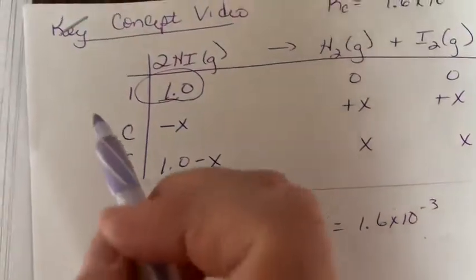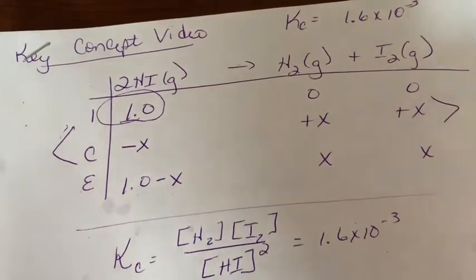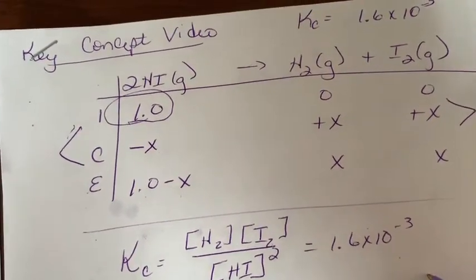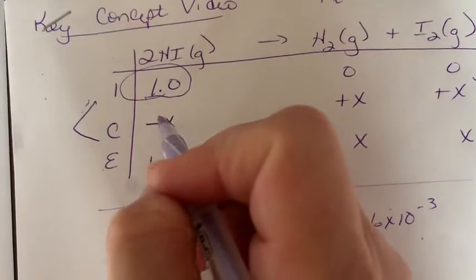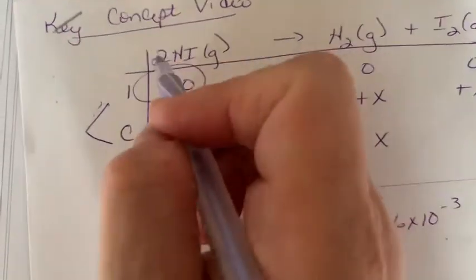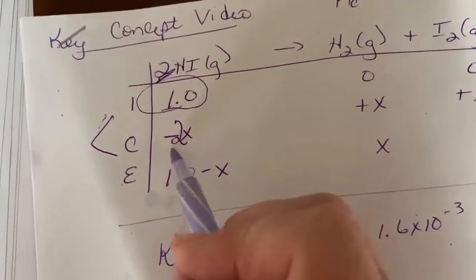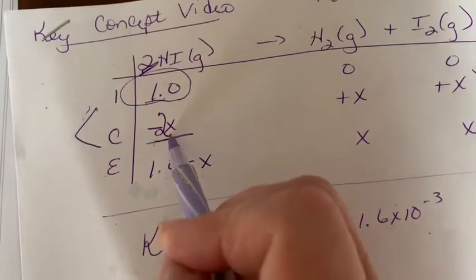Since they are products and they start at 0, it's plus X. Now, in this X row, you need to pay attention to the coefficients of the balanced reaction. I can see I already messed this up. Hold on. Notice there's a 2 in front of the hydrogen iodide, so that is minus 2X.